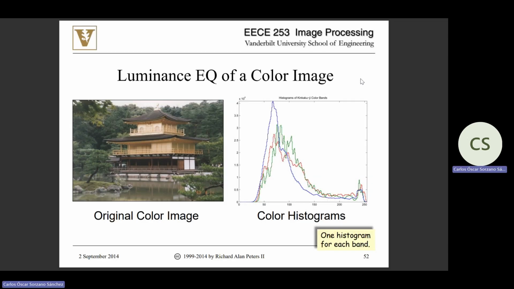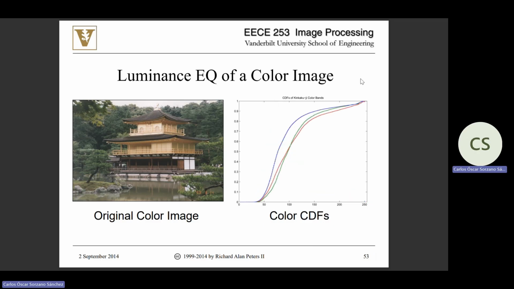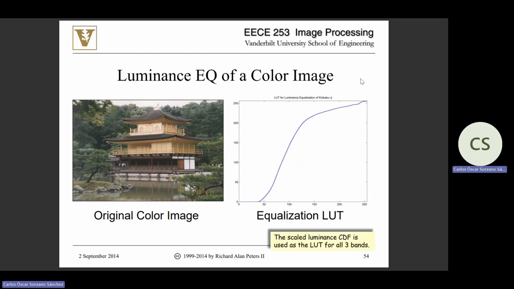Then what we will do is, we are back to the original PDFs and the color CDFs, and we will compute the lookup table from the luminance. You take the luminance, you compute the equalization transformation for the luminance channel, but you use that for the three bands.